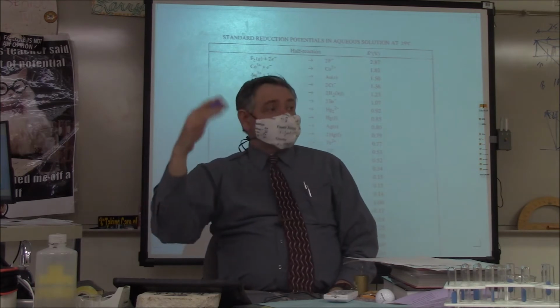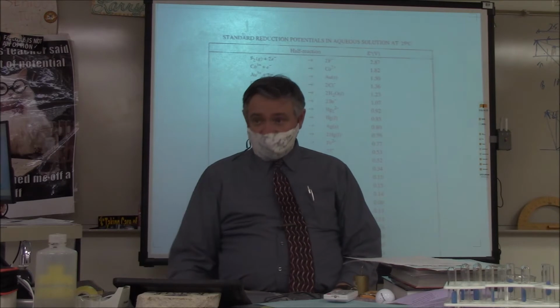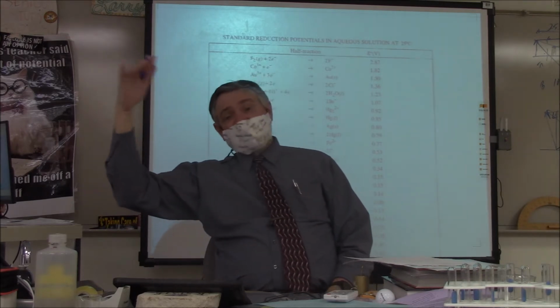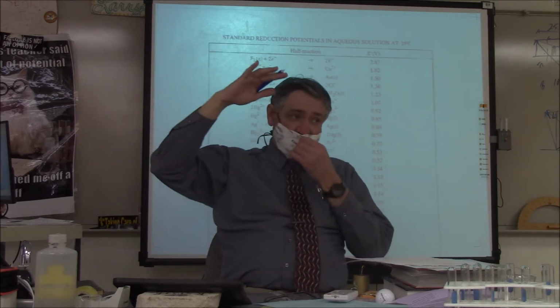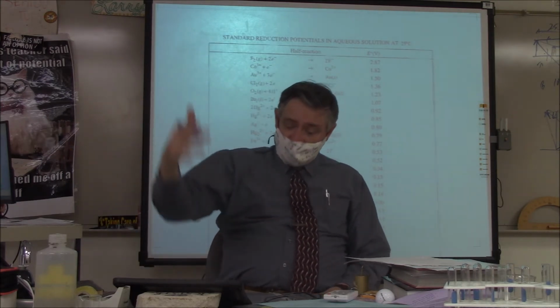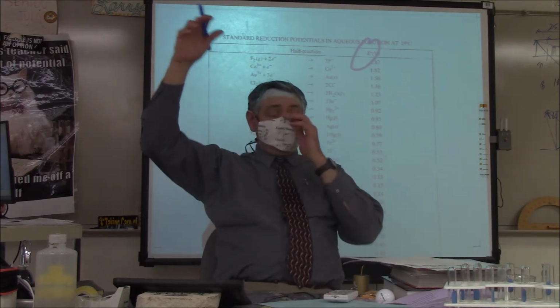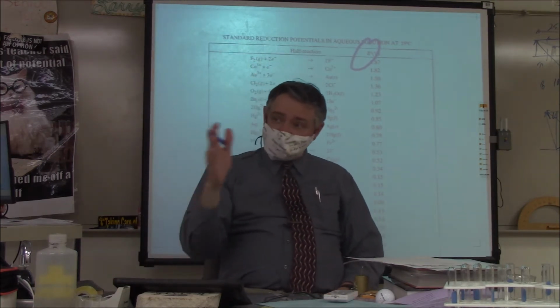We're going to get into something called Gibbs free energy, which is delta G, the change in Gibbs free energy. You can have delta H, which is change in enthalpy. You can have delta S, which is standard entropy. But what you will see all the time is that anything with a naught after it means that it's under standard conditions.